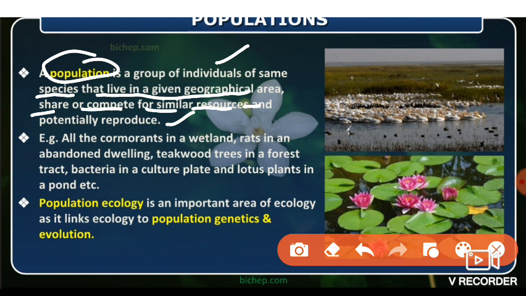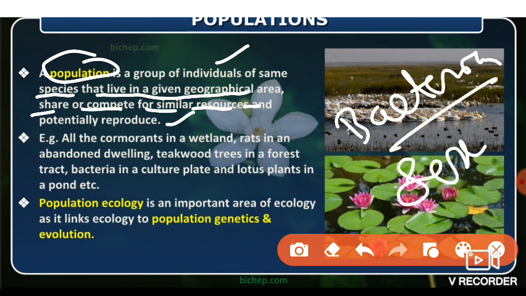We are mainly talking about reproduction here, sexual reproduction, but asexually reproducing organisms can also be involved in this. For example, you can take a culture of bacteria. Bacteria usually reproduce asexually, and through asexual reproduction they increase their numbers.